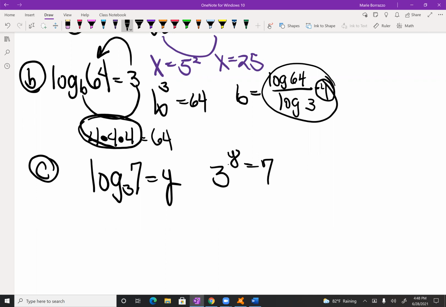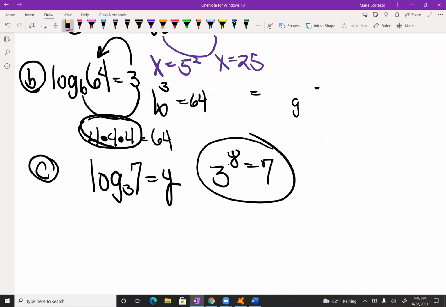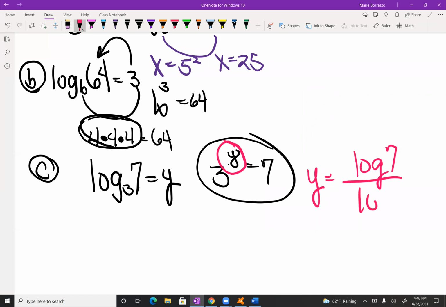I think I got my wires crossed and I'm showing you something wrong here. I don't think this actually works like this. This works when you're solving for an exponent, like y equals. This would be log 7 over log 3. Try that and tell me if you get 1.77 and change. Okay, so let's use some common deduction here.